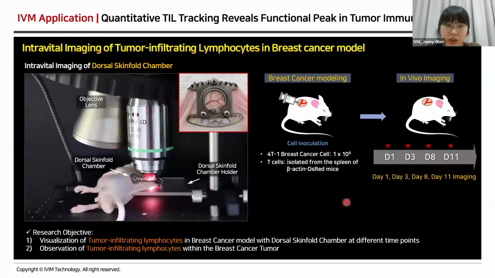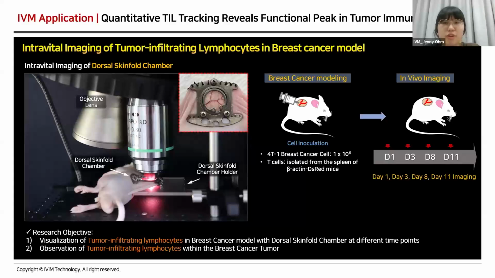To accurately evaluate the therapeutic efficiency of immune checkpoint inhibitors, it is not only important to determine the presence of immune cells, but also to assess whether these cells successfully infiltrate the tumor, proliferate, remain motile, and actively perform their immune functions within the tumor microenvironment.